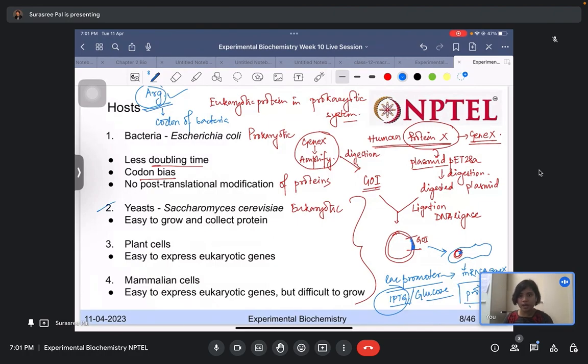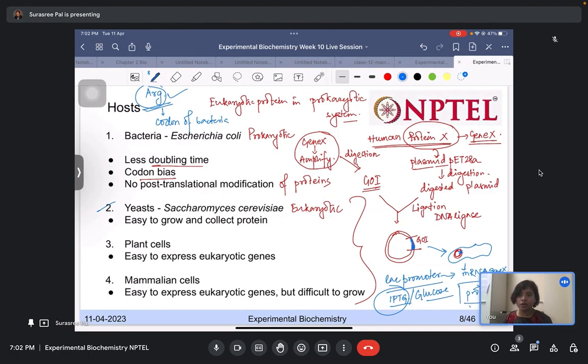There will be no such codon bias which will be present. The post-translational modifications can also be carried out, but the difficulty is that mammalian cells and plant cells are not easy to grow, right? And they have a large doubling time also. So their generation time is much longer.